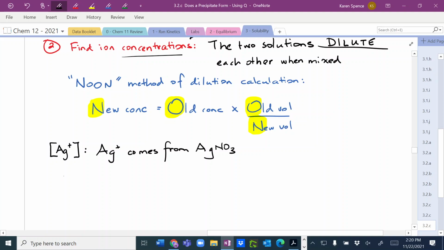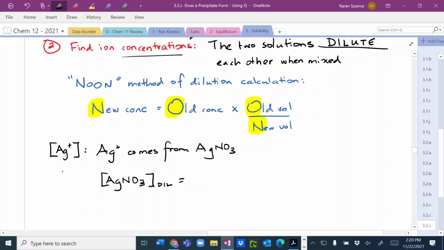So let's go about finding our concentration of silver nitrate, because that will lead us to our concentration of silver. But we want to find the concentration of silver nitrate after it is diluted, because once the two are mixed together, that's when we're going to say what happens at these new concentrations.